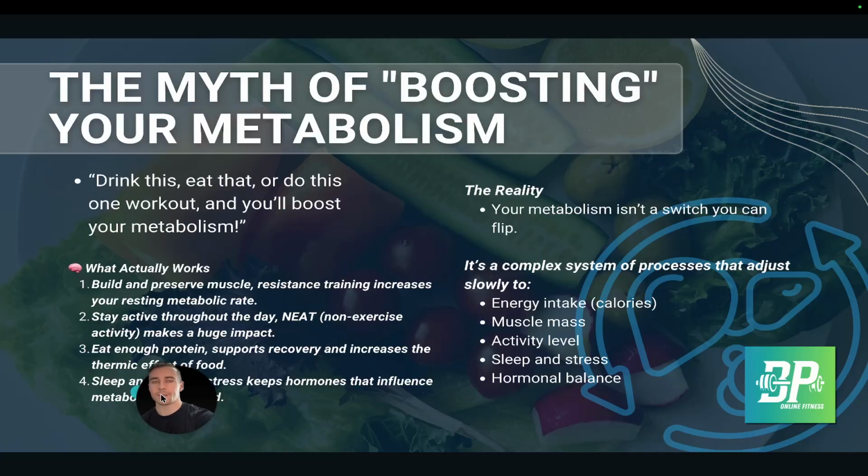So, what actually works when it comes to your metabolism? Building and preserving muscle. Resistance training increases your resting metabolic rate. So resistance training is what's really going to help with your metabolism by increasing that resting metabolic rate.